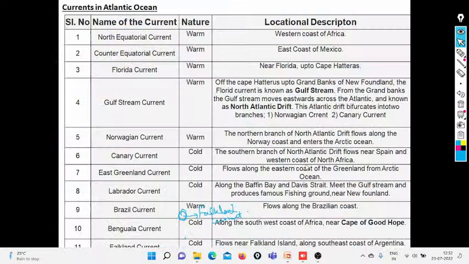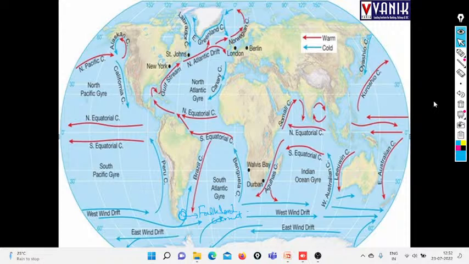Falkland current is a cold current, flows near the Falkland Island along the southeastern coast of Argentina, along the southeastern coast of your Argentina, okay.